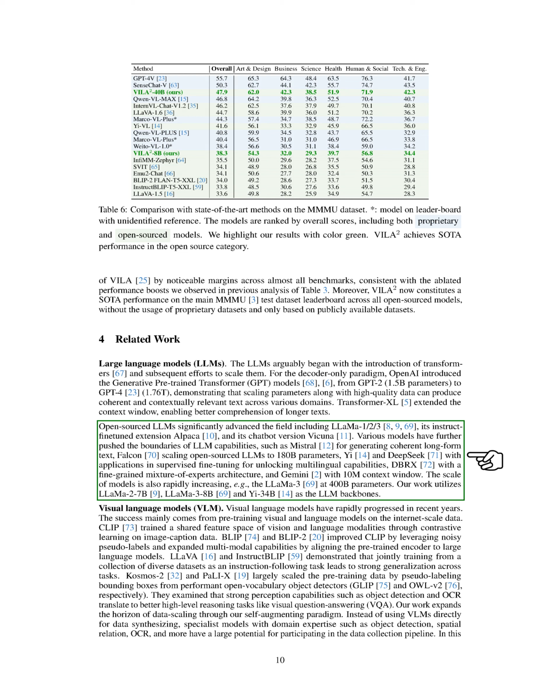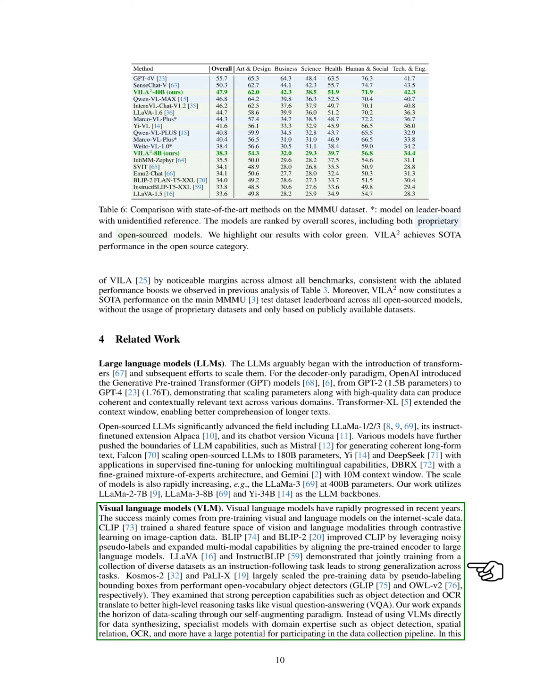The size of models is rapidly increasing, for instance, Llama 3 at 400 billion parameters. Our work utilizes Llama 2 7B, Llama 3 8B, and Yi 34B as the backbone for our LLMs.